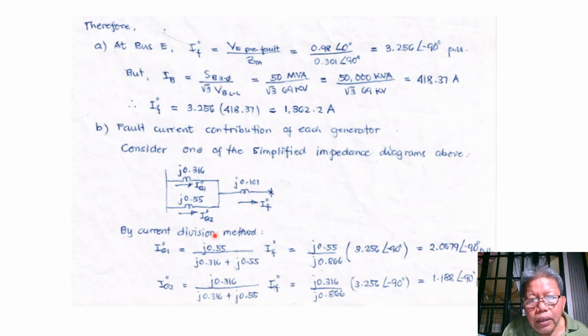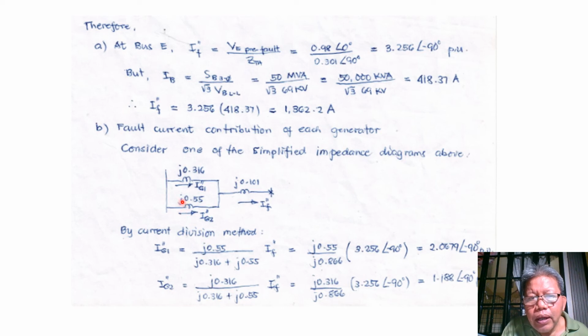So again, going back to one of our reductions of the impedance diagram, where we have the combined reactance of generator and transformer 1 as this, and this one as the combined reactance of generator 2 and transformer 2, and then we have the line here, which also carries the full current IF double prime, and this is our ground or reference node.